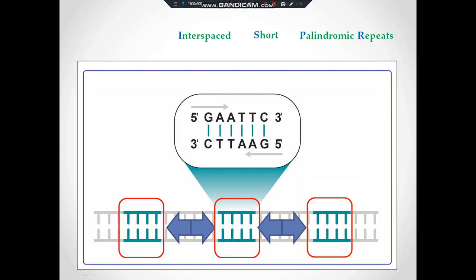Now it is clear that interspaced short palindromic repeats are present in the genome. These palindromic repeats occur in the genome in a regular manner, in a regular way. Therefore, we call them clustered regularly interspaced short palindromic repeats.